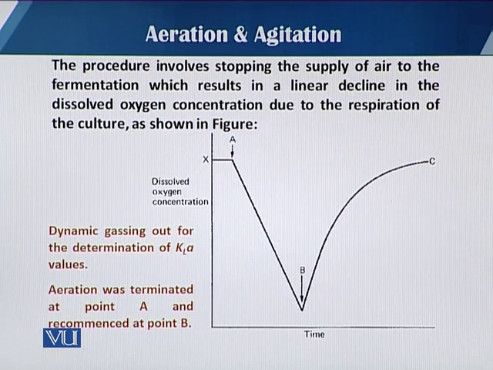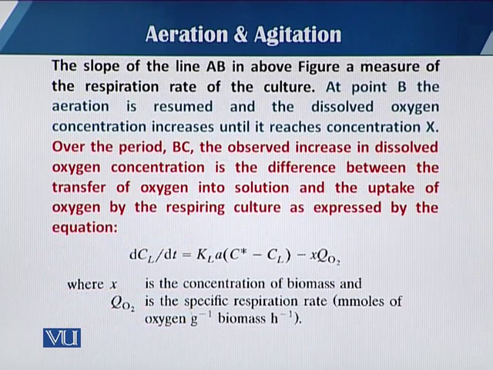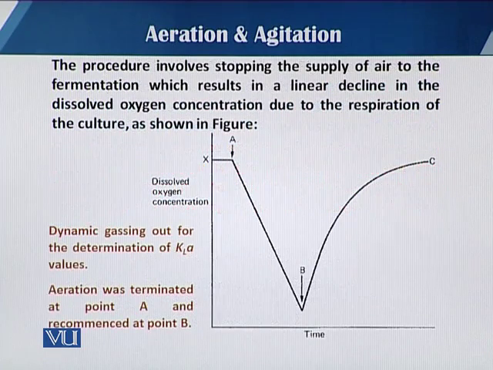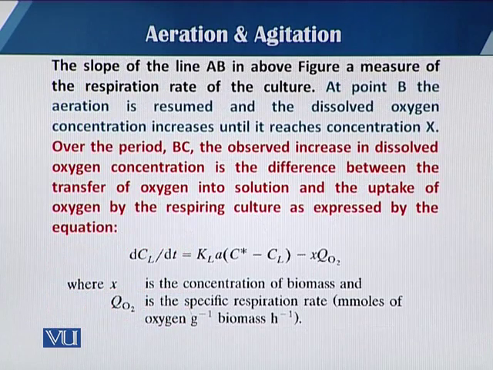This trend is helpful in calculating the KLa. The slope of that line can be calculated and used for the calculation of KLa. You can see that this equation is almost the same as the one we discussed in the static method, with a minor variation.